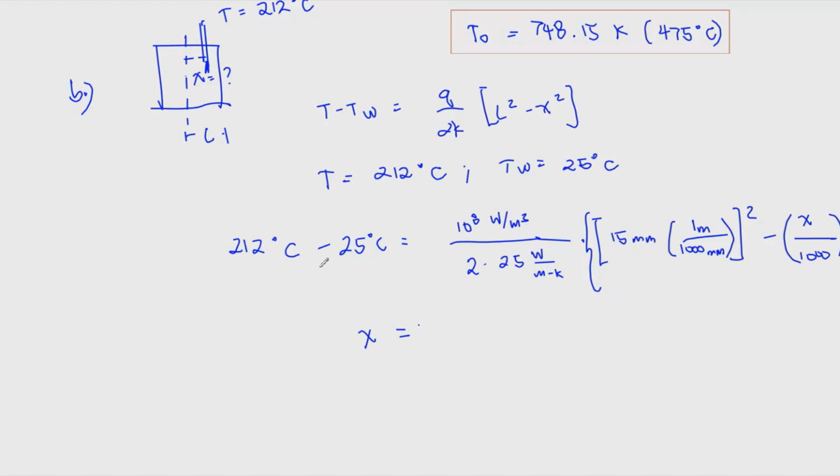Okay, so the value of x is simply equal to 11.4673, and that is in millimeters.